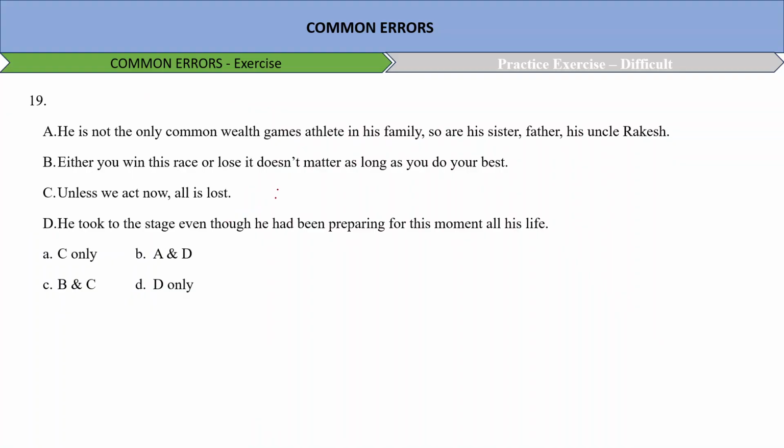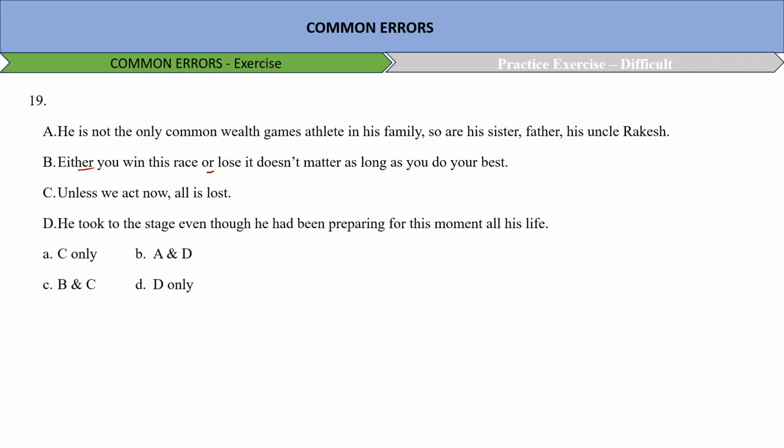He is not the only Commonwealth Games athlete in his family, so are his sister, father, and his uncle Rakesh. Either you win this race or lose it, doesn't matter as long as you do your best. Unless we act now, all is lost. He took to the stage even though he had been preparing for this moment all his life. Now, where does the error lie?